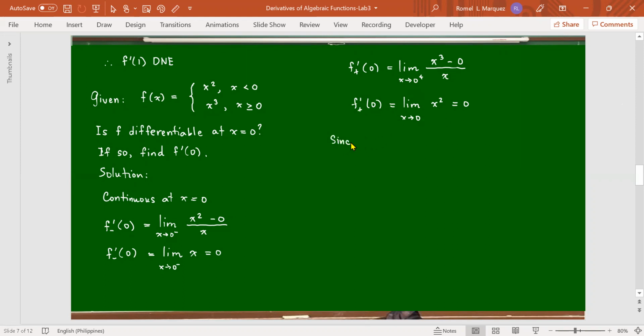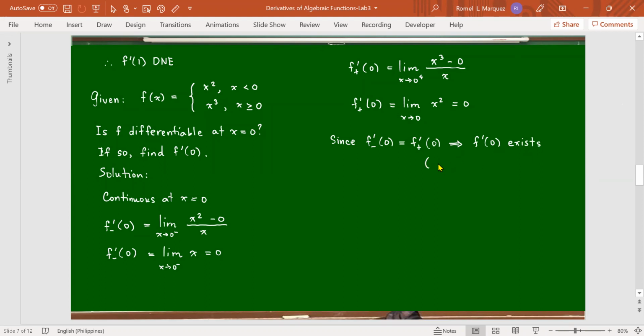What conclusion can we get? Since f prime from the left is equal to f prime from the right at x equals 0, this implies that the derivative at 0 exists. Okay, guys?